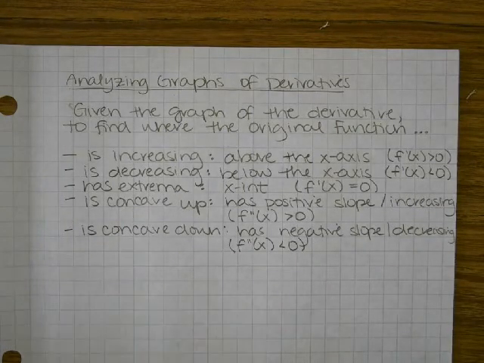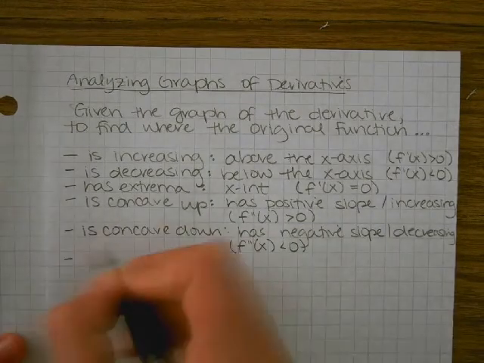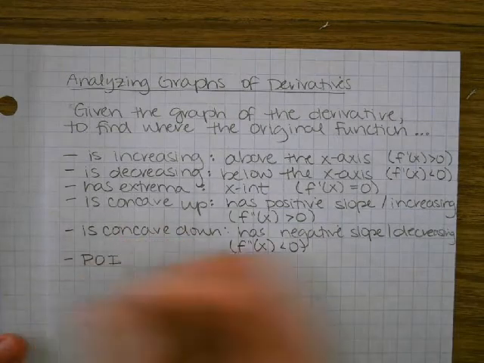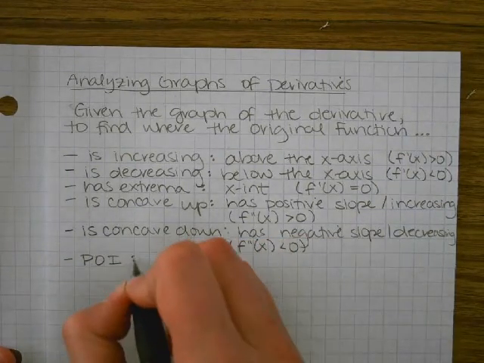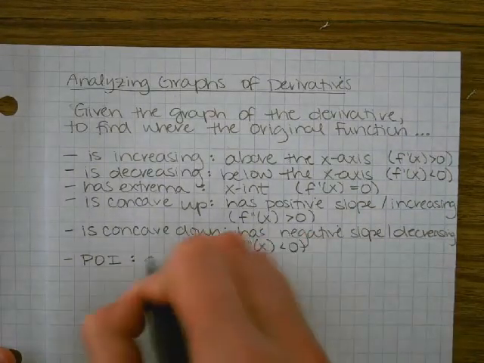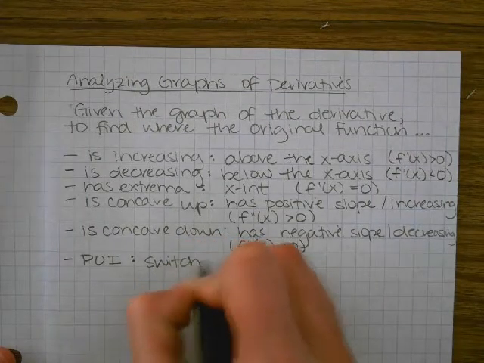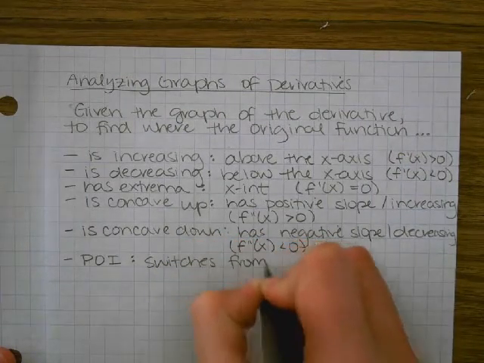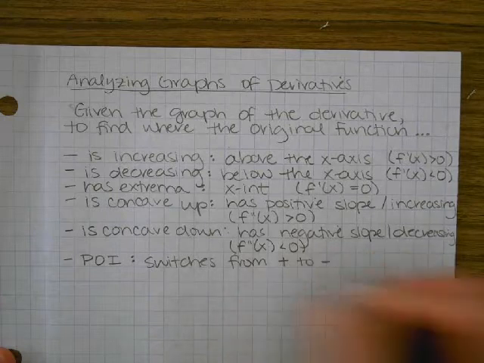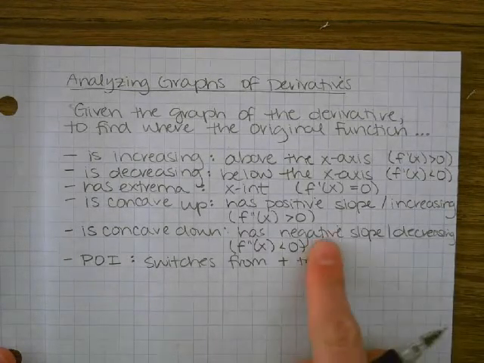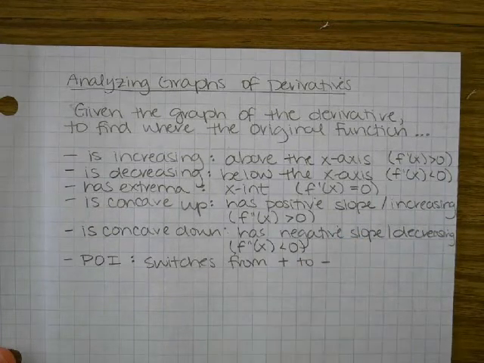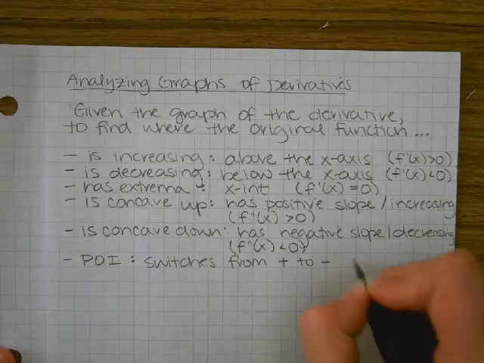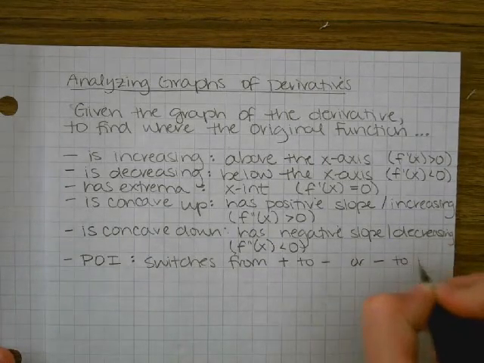All right? And then last, if we want to find the points of inflection on the original graph, we want to see where the derivative switches from a positive slope to a negative slope, or from negative to positive, because that's the switching between concave up and concave down, which is the definition of a point of inflection.